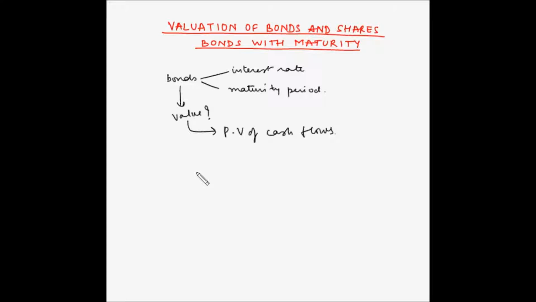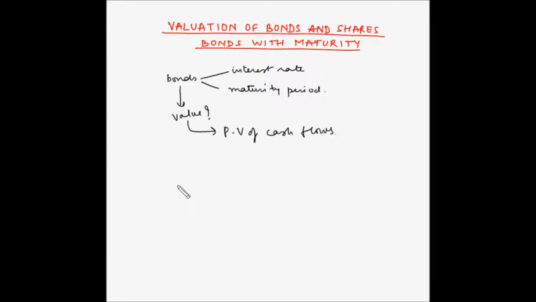Now, typically, a bond with defined maturity period provides interest payments during the life of the bond plus the amount borrowed, that is the maturity value of the bond, when the bond matures.